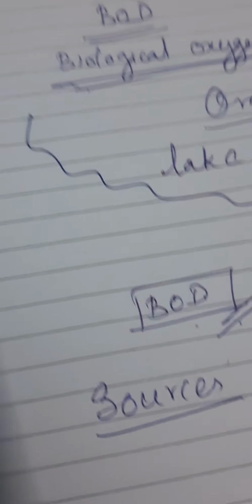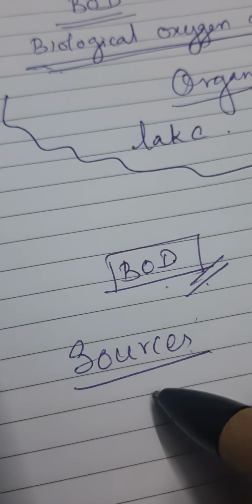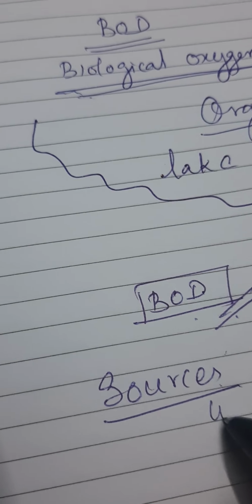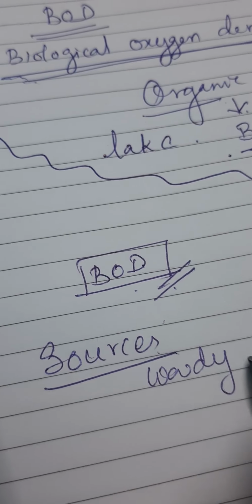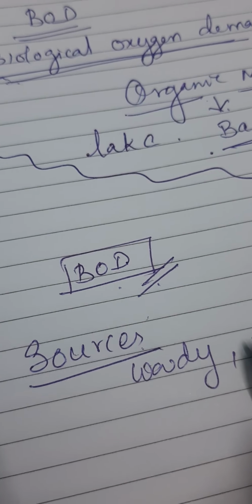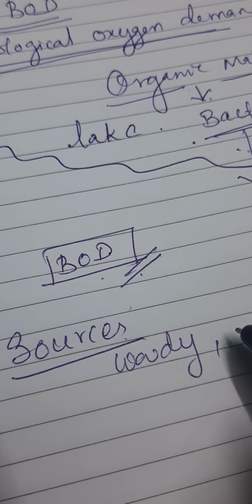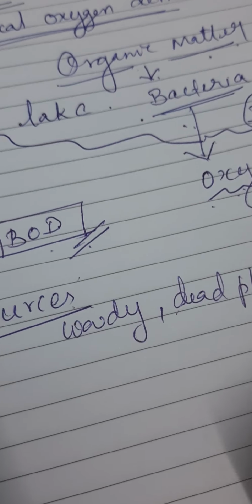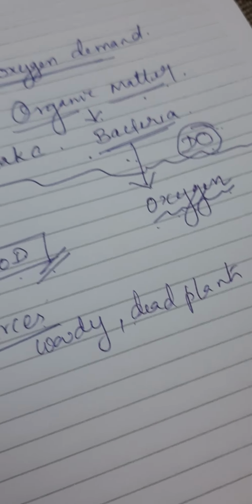What are the sources of BOD? Okay, what increases this biological oxygen demand? So all the waste materials present in the lakes, like woody materials or any leafy materials or any dead plants, animals, dead animals that are floating over the water.